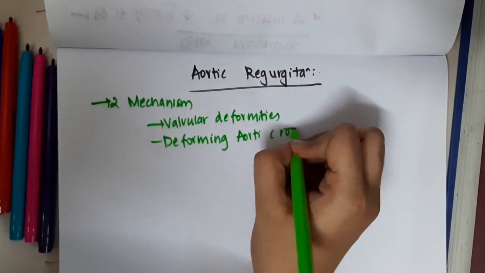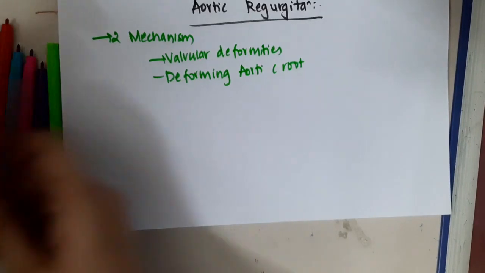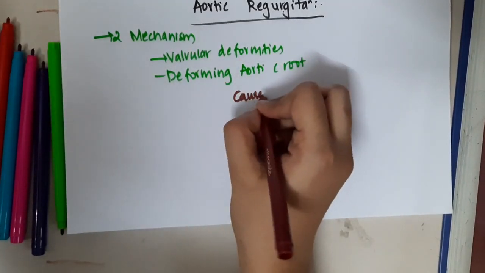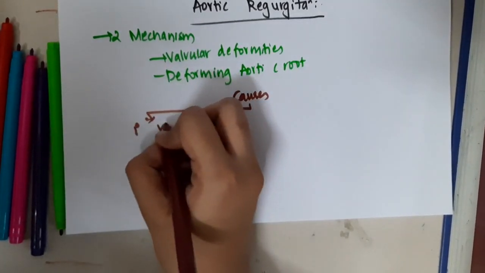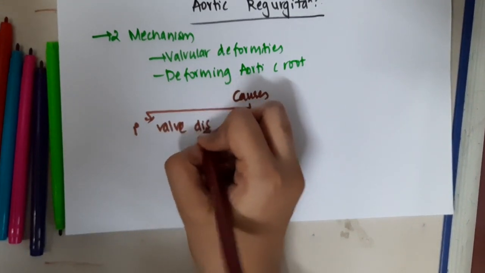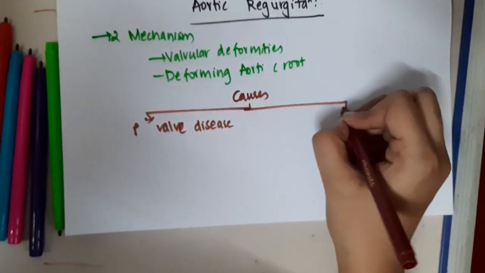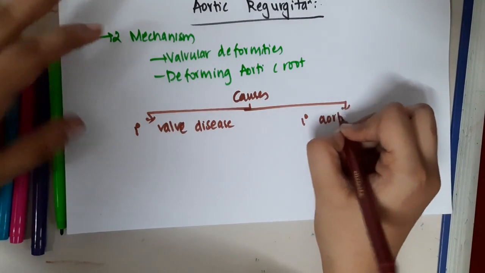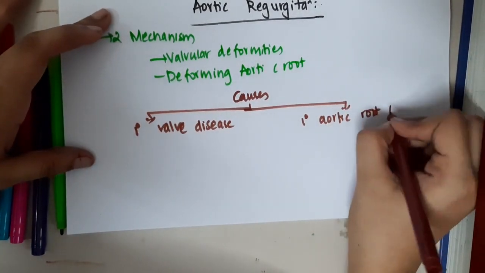If you see the causes of aortic regurgitation, these can occur due to primary valve disease, and secondly, due to primary aortic root disease.